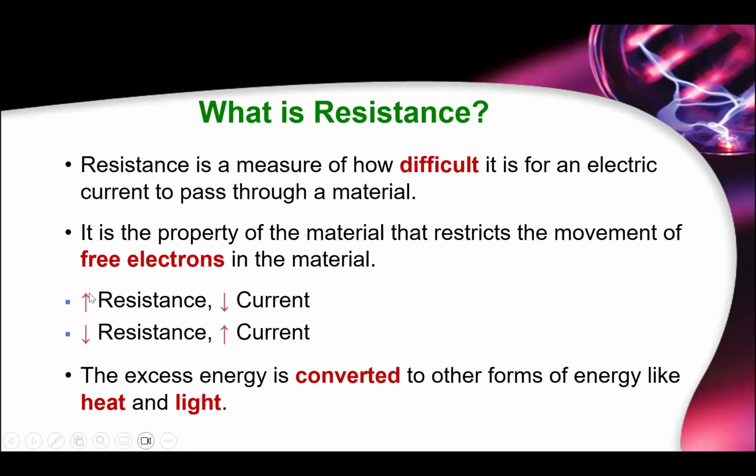So when we have something with high resistance, we say that the current is very low, because there is a lot of restriction, a lot of blockage, a lot of collision, and then the rate of flow of charges will be slower, and therefore there is a decrease in current.